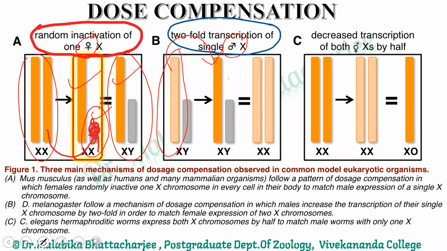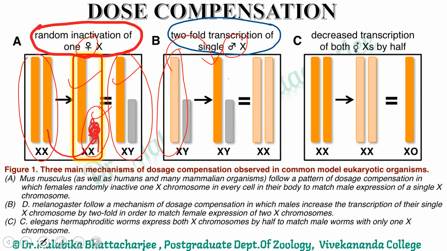In humans, one of the X is randomly chosen to be inactivated in females. In Drosophila, the single X chromosome present in the male is overactivated so that it undergoes two-fold transcription of the single X.